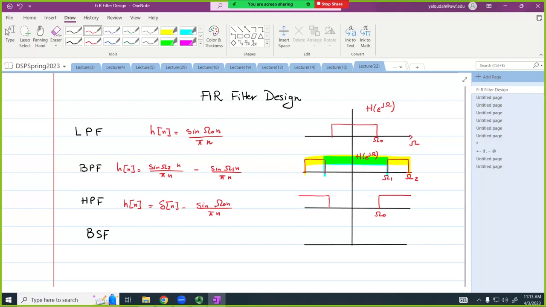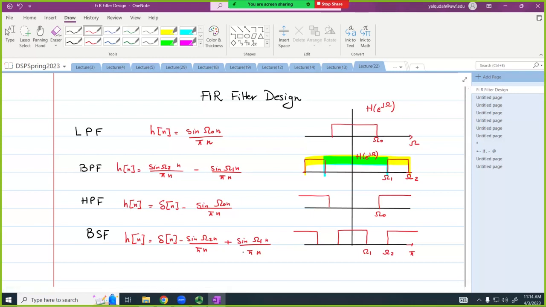Okay. How about a band stop filter? This is omega 1, this is omega 2, and this goes all the way to pi. h of n is going to equal delta of n minus sine of omega 2 n divided by pi multiplied by n, plus sine of omega 1 n divided by pi multiplied by n.